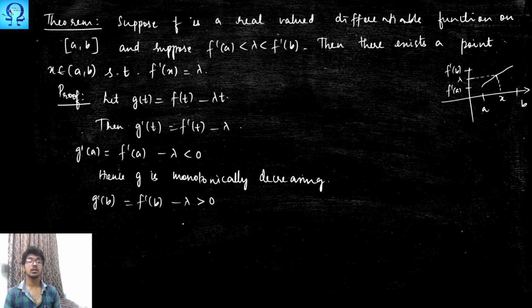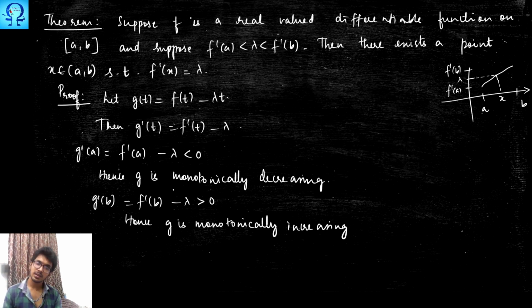This is a positive quantity. If it is a positive quantity, then what must happen? g is monotonically increasing. So this is what we are saying: we are getting g is monotonically decreasing, then monotonically increasing.